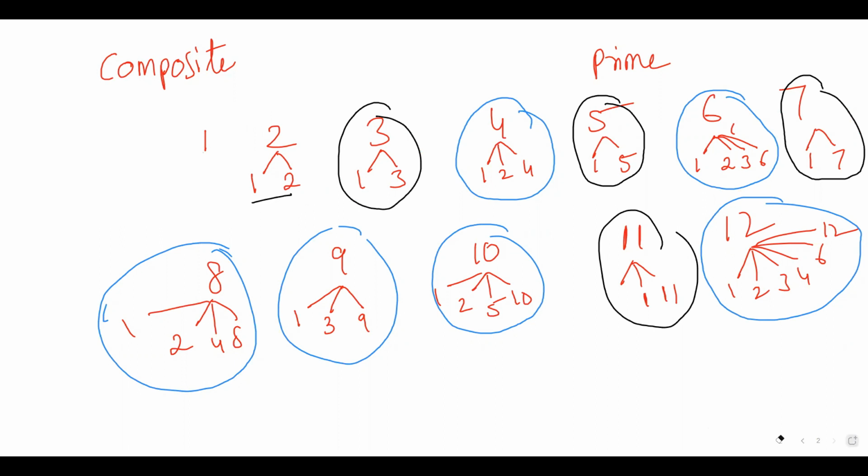Yes, ma'am. So we can say that 1 is neither prime nor composite. 2, 3, 5, 7, 11, 13, 17, 19, 23, all these are prime numbers.